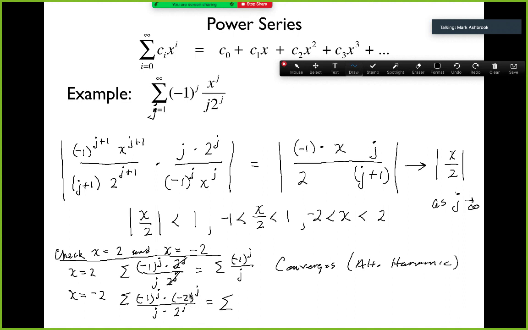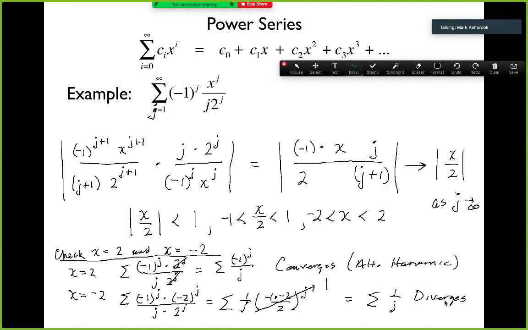There's all to the jth power, so we can do 1 over j times (-1 times -2 over positive 2) all to the j. And what is all that? It's just 1 over j. Because this negative 1 times negative 2 over 2 is just 1, and 1 to the j is just 1. So this whole thing is just 1 over j. Converge or diverge? Diverge. This is the harmonic series that diverges.